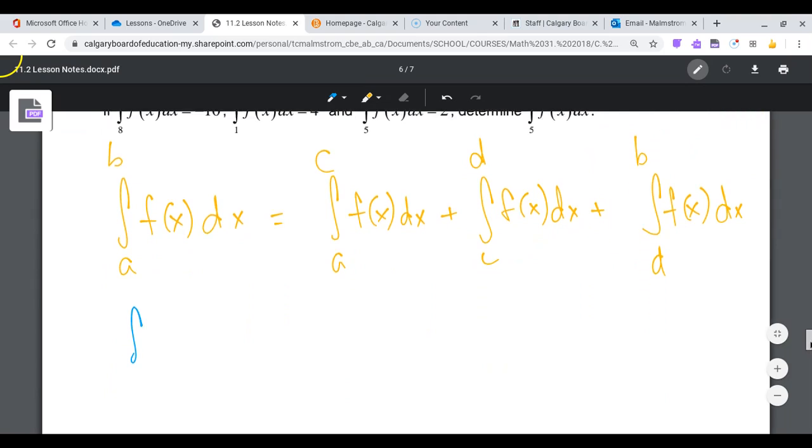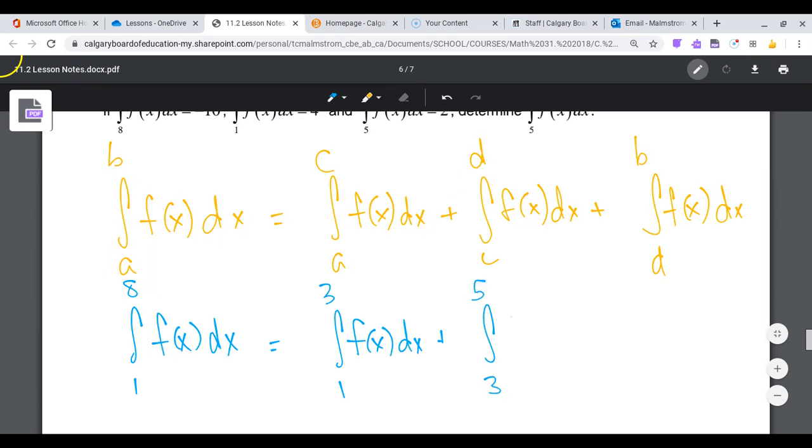So if I use this rule I just made, I would need to know from 1 to 8, f of x dx is equal to from A to C. So A was 1, C we said was 3, and then C was 3, D was 5. And finally, 5 to 8 would be the last one. So we have to add all of those 3 pieces together to get back to the original 1 to 8.